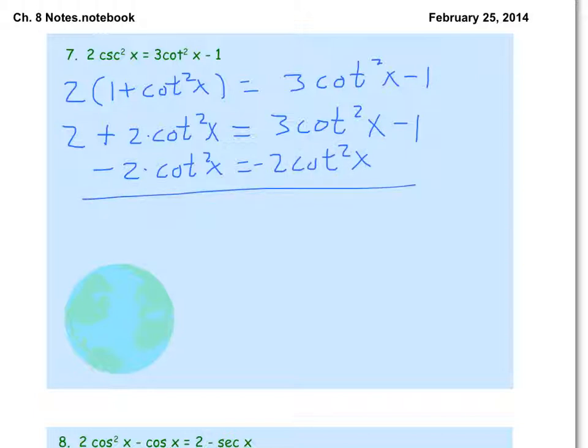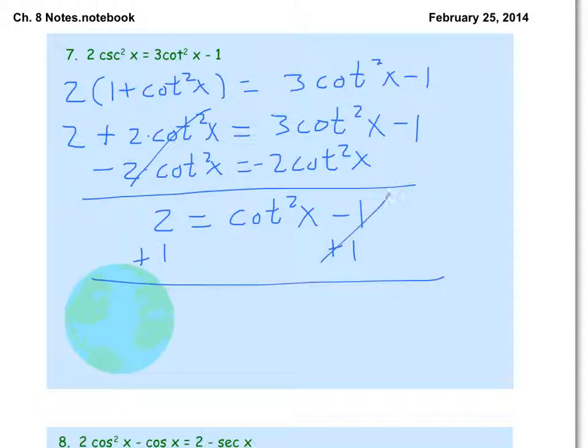First thing that means is subtracting 2 cotangent squared, which just leaves cotangent squared minus 1 equals 2. Next step would be to add 1. And we get that 3 equals cotangent squared.